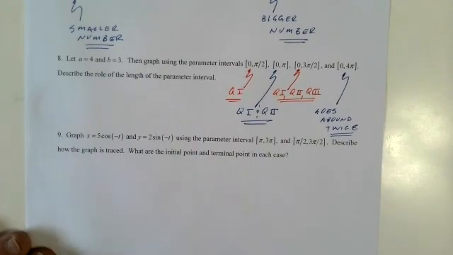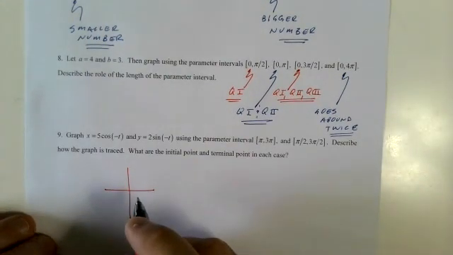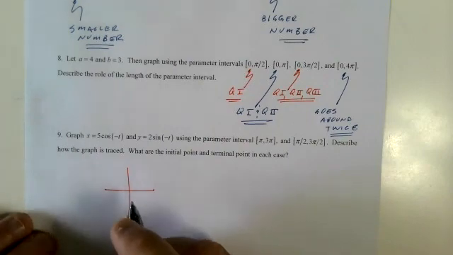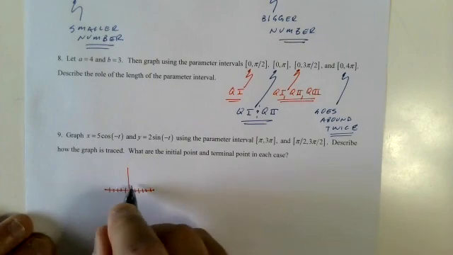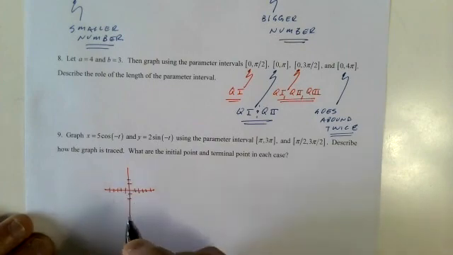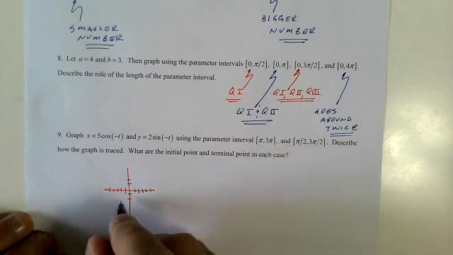Now we get back to the kind of weird little starts at one spot, ends up in another. So let's see what's going on. 5 and 2, so this would be pi to 3 pi.